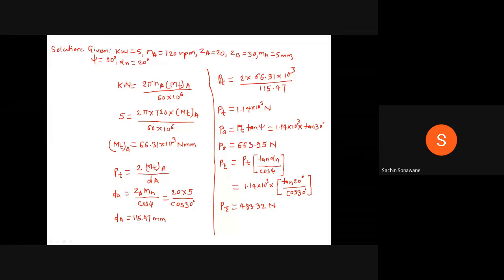Therefore our 50% problem is over. Now we have to show these components on the diagram. Please write down. Those who have not written, please write.